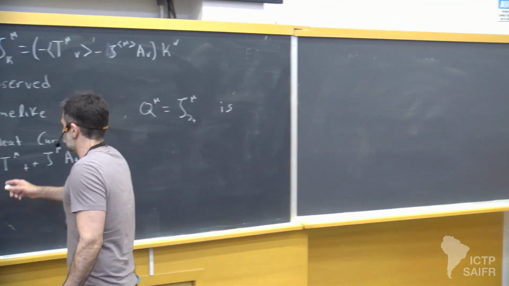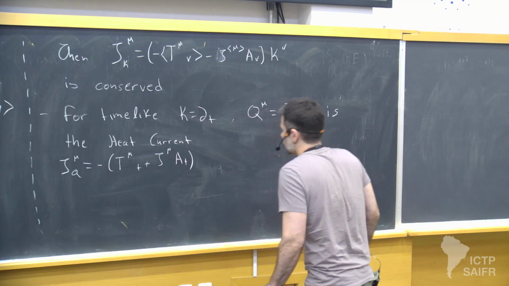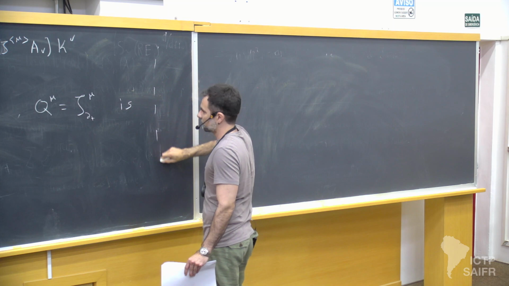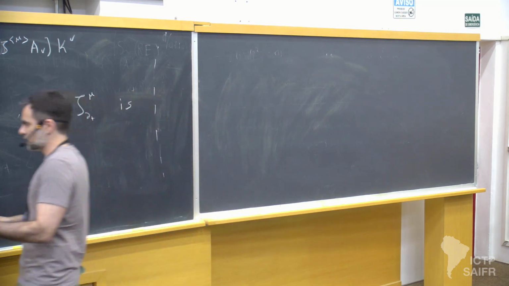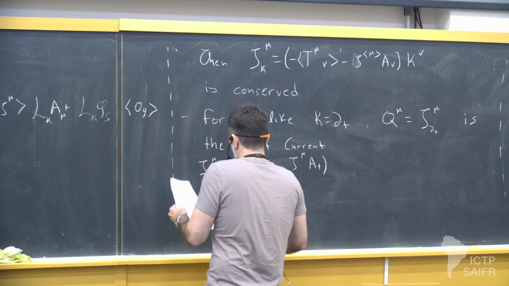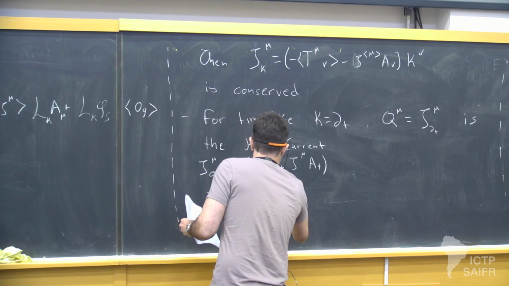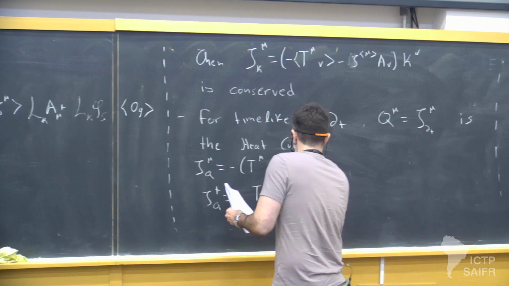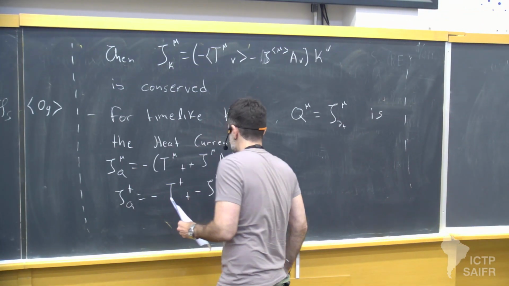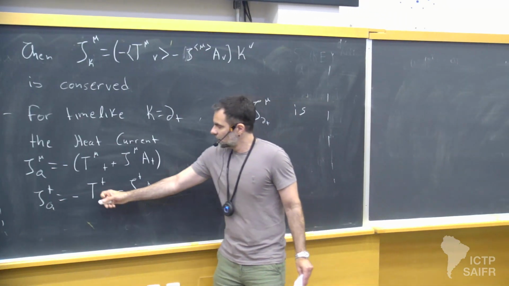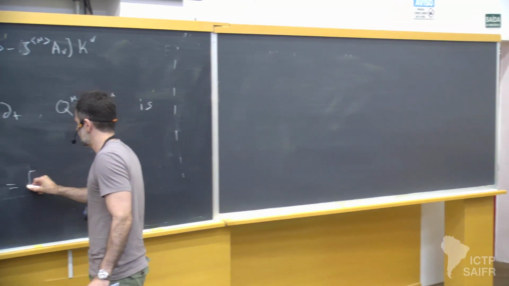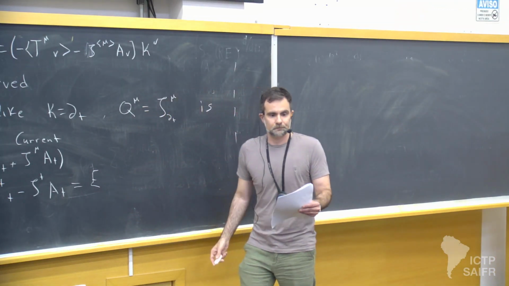Okay? So then the conserved quantity would be the jt component, the time component. So let's write it here. Then j^t_Q would be minus T^t_t minus j^t A_t. Now, T^t_t is basically the energy density of the system.